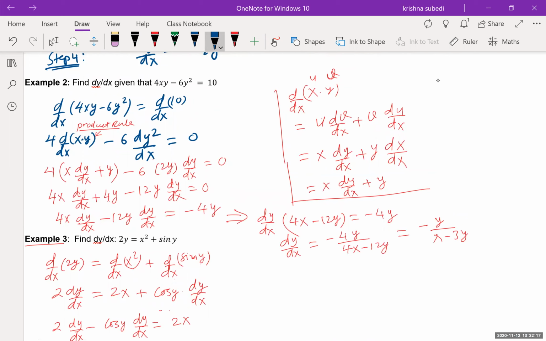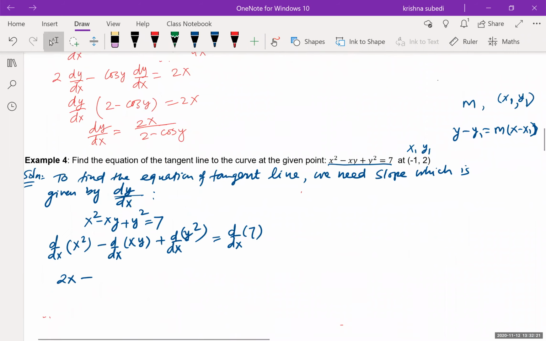The derivative d over dx of xy is x dy over dx plus y. Let me just copy that: x dy over dx plus y. Plus this one will be the derivative of y squared with respect to x, which is 2y.